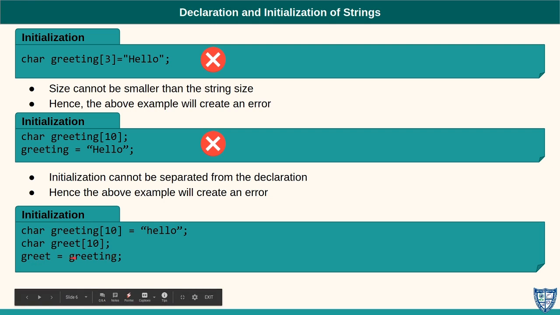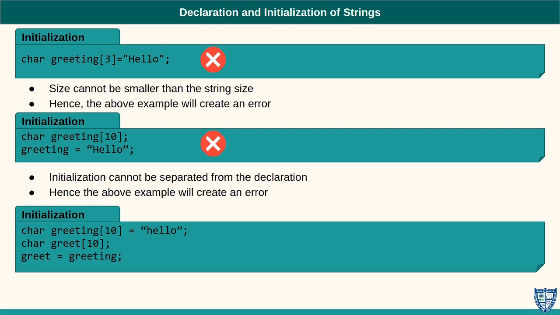This third line will create an error because C does not allow you to assign a string variable's value to another string variable. In the case of an integer variable, you can declare an integer variable and assign a value to it, declare another integer variable, and you can assign the first integer variable's value to the second.